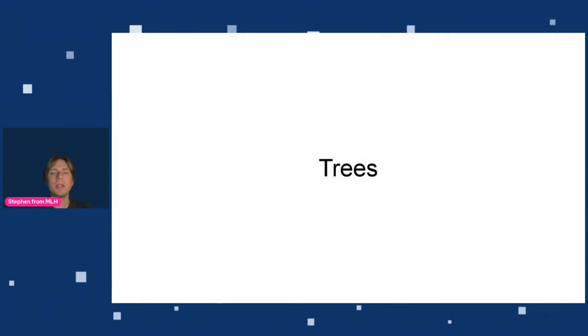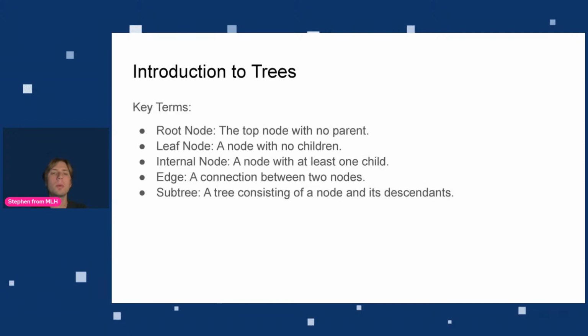So trees is the next thing we have. Trees are composed of some key elements. There's the root node, which is a top node with no parent. And there's the leaf node, which is a node with no children.